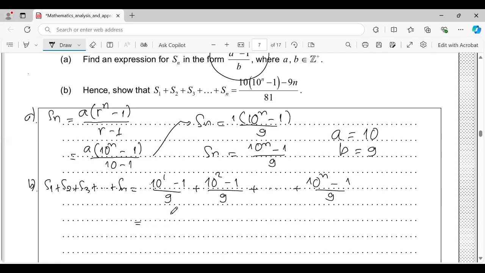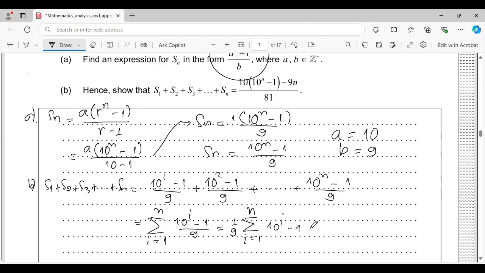By the sigma method, I'm going to write it like this, from i equals 1 to n. So this form we can write as 10 to the power i minus 1 over 9, and it is 1 over 9 sigma i equals 1 to n of 10 to the power i minus 1.